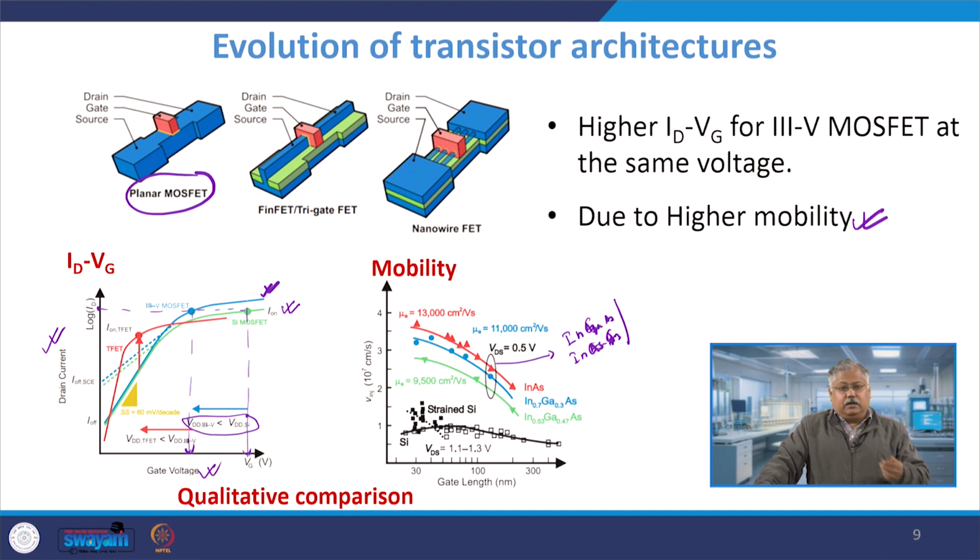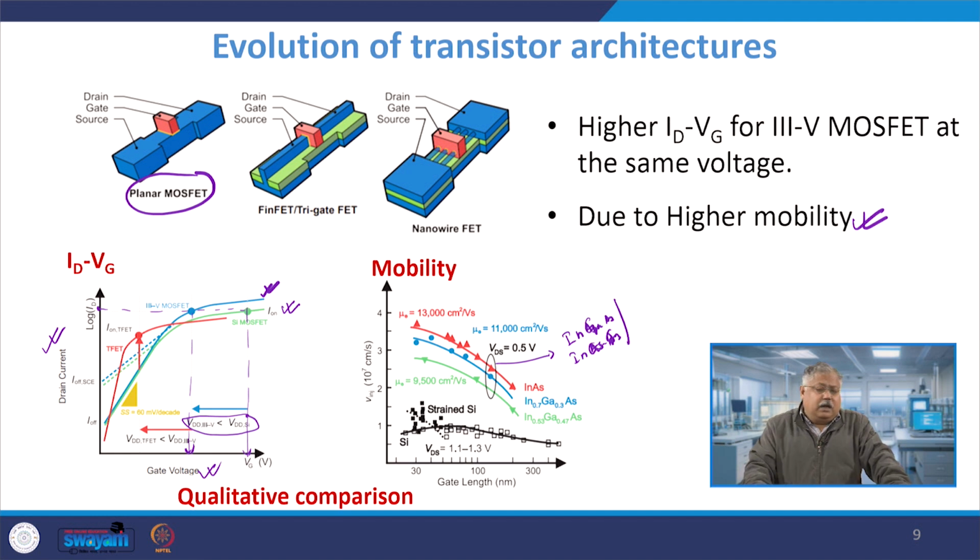Not only that, if your indium mole fraction drops and your gallium mole fraction increases by the same amount, we also see that the mobility falls, which means that by increasing the gallium component from 0.3 to 0.47, or reducing indium from 0.7 to 0.53, there is a change in the value of the mobility available to you.